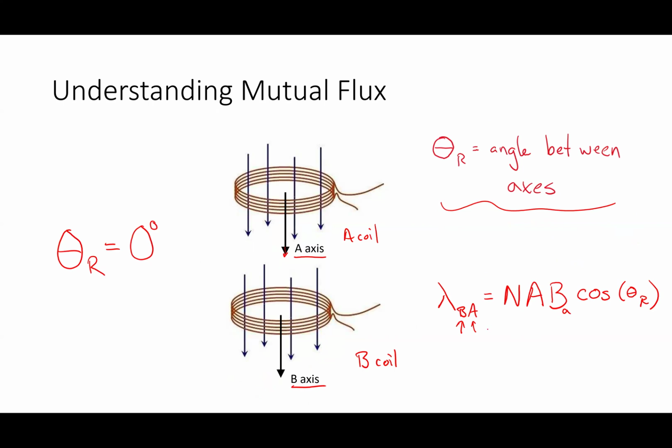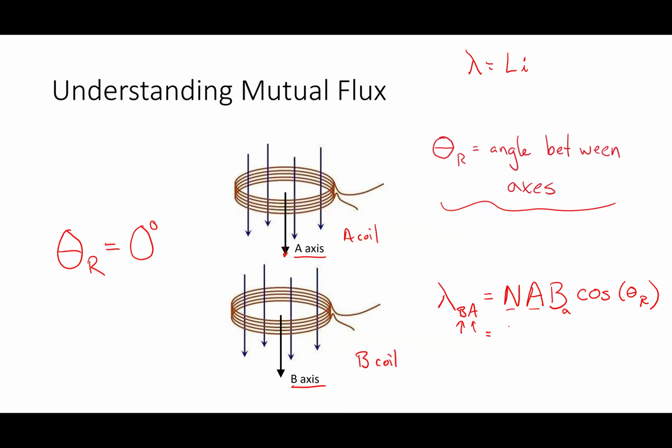But the thing that's important for a second is we know that a lambda is always equal to an L times an I. This argument's not too hard to follow, but if I look at this, N and A are constants. B field is always going to be some constant times the current.